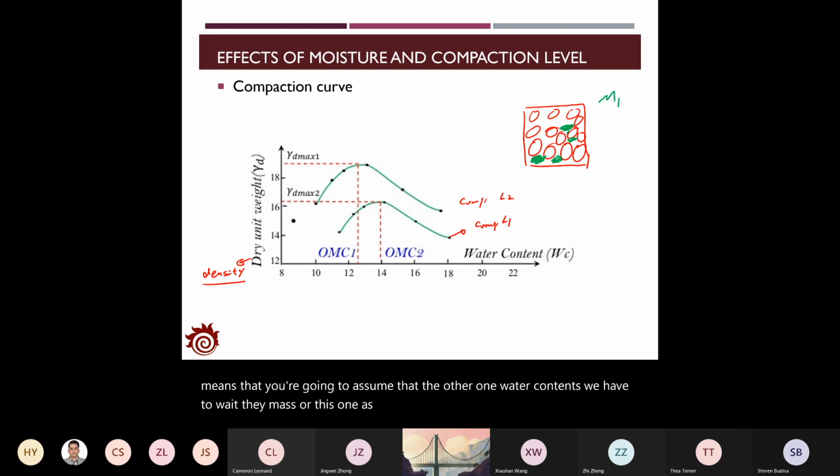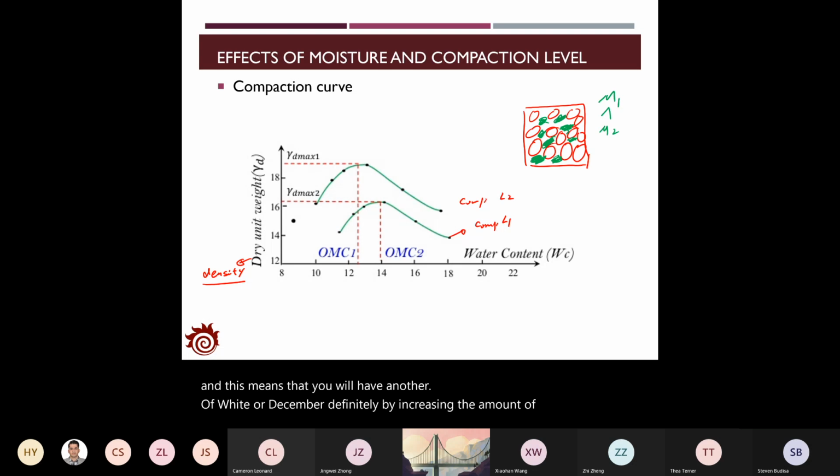By increasing the water contents, you will have more water filling these small air voids, and this means you will have another weight of the sample. Definitely by increasing the amount of water in this sample, the weight will be larger.